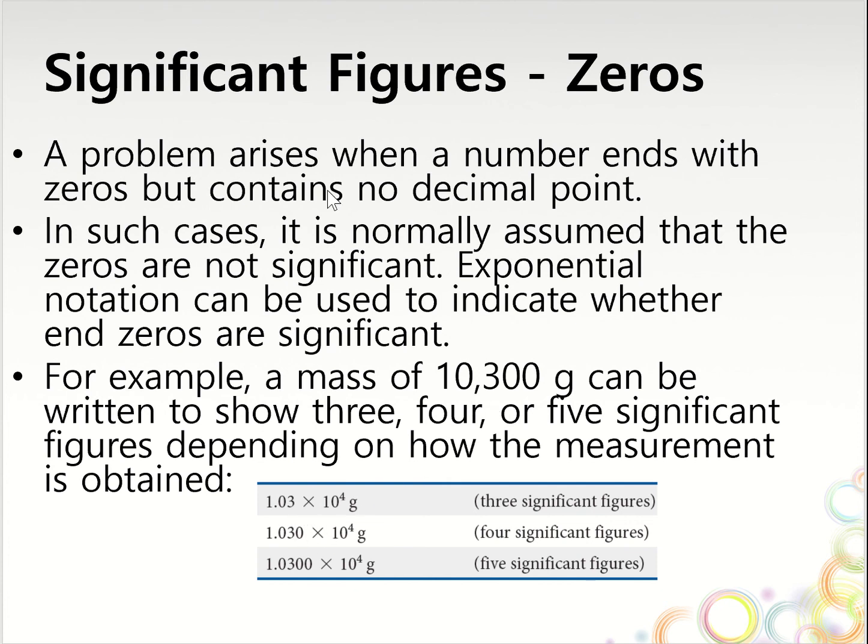So how we solve the problem of numbers ending with 0 is actually to put them in the exponential notation so that it has a decimal point, and therefore all of the zeros that come after the 3 in this case would be significant. So here we have 4 significant figures, and here we have 5 significant figures because these zeros are now significant because we have a decimal according to rule 3.